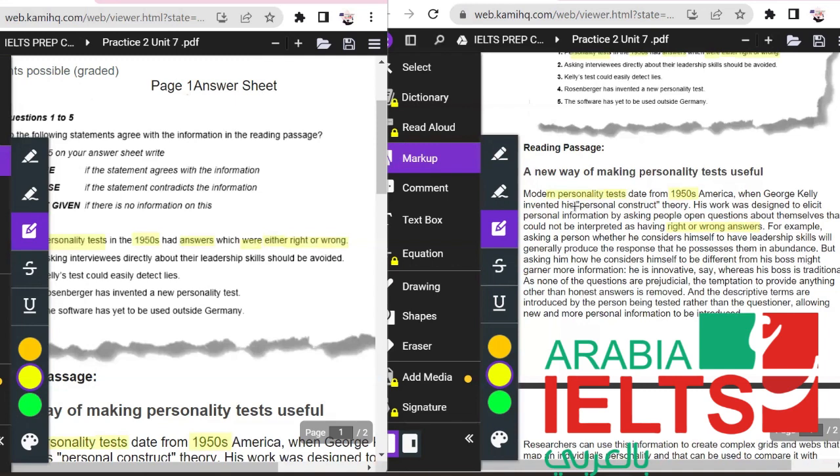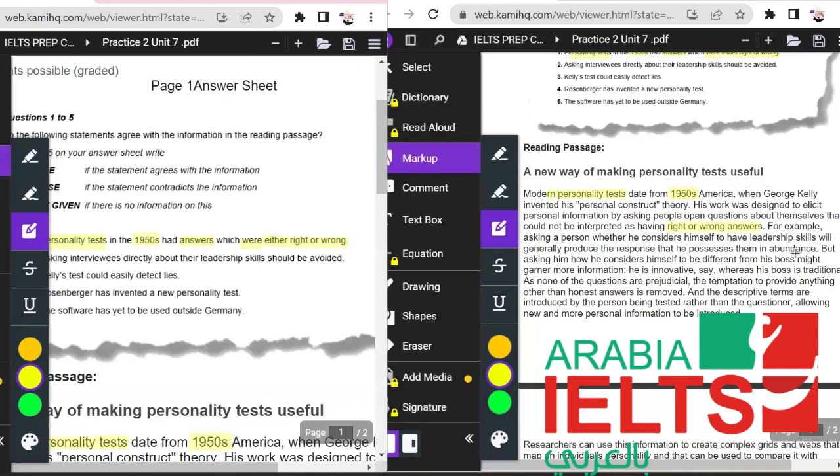This is about your own perspective, your own mindset, your own opinion. There are no right or wrong answers for these things. It's just how you see things. Okay? Right? So here it says, for example, asking a person whether he considers himself or herself to have leadership skills will generally produce the response that he possesses them in abundance.